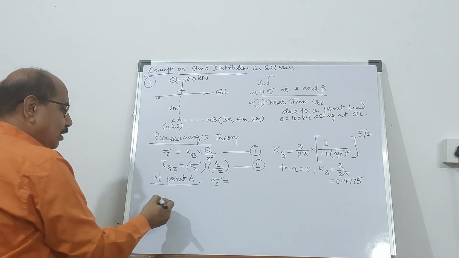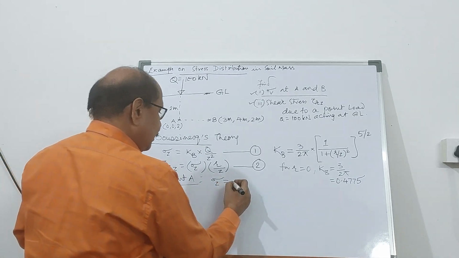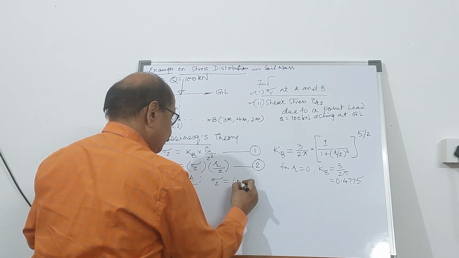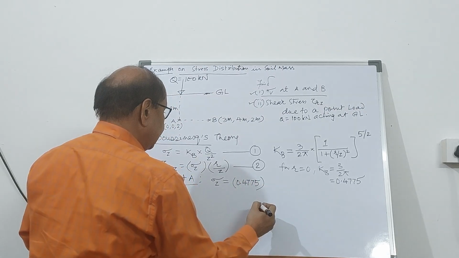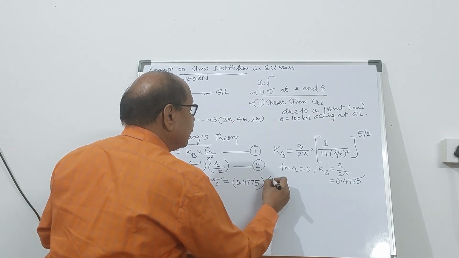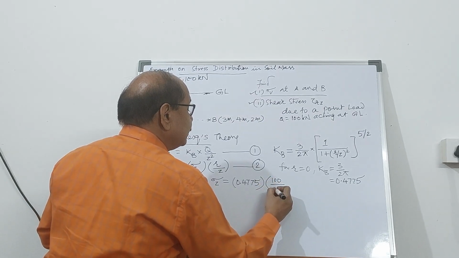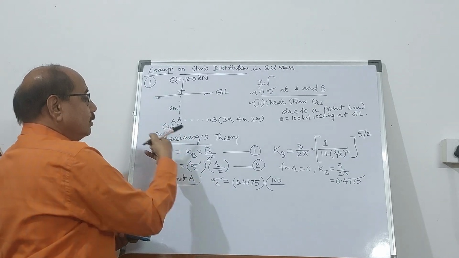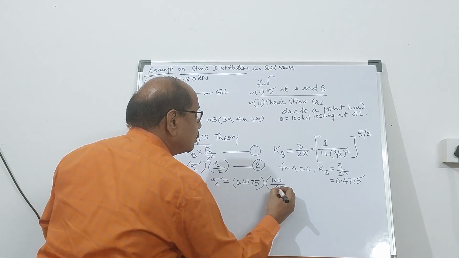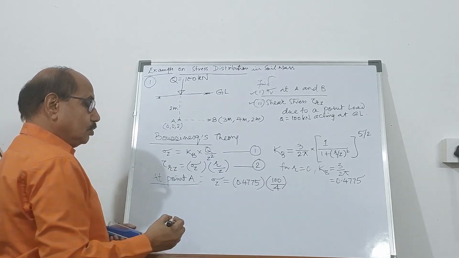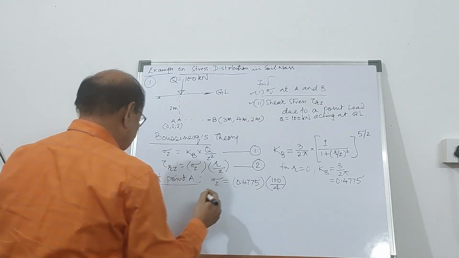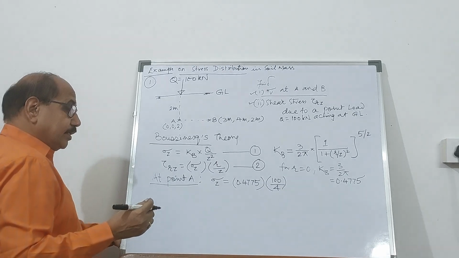So it becomes simple. The vertical stress will be 0.4775 for point A multiplied by 100, and Z is 2 meter, and therefore Z square becomes 4. So naturally you can calculate this value very easily.